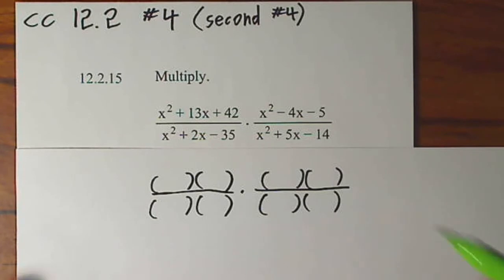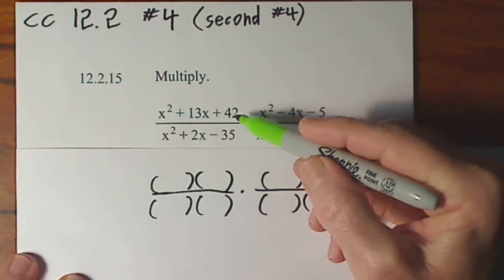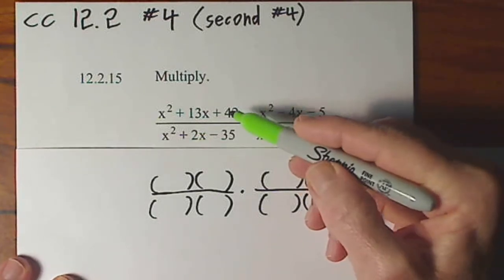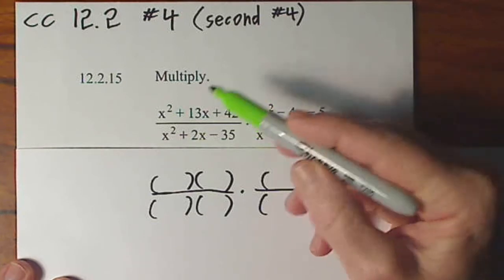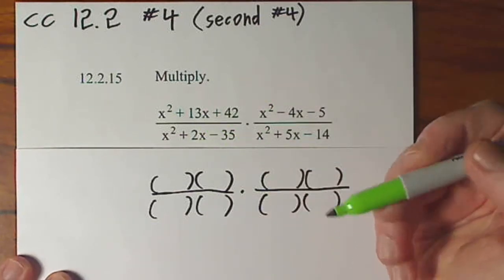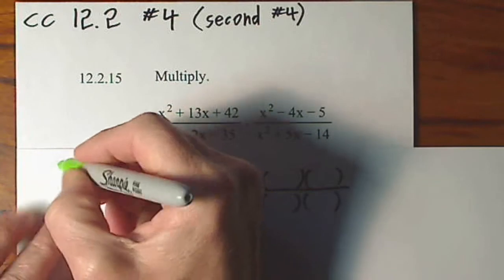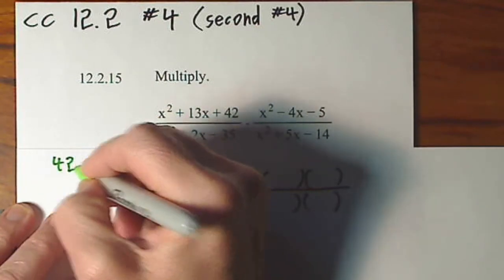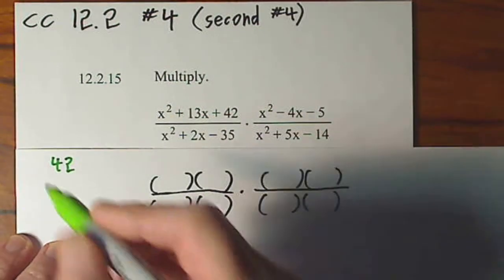Looking first at this one here, I want the factors of 42 that will give me a sum of positive 13. To be real systematic, if you already know the answer, you just plop it in there.